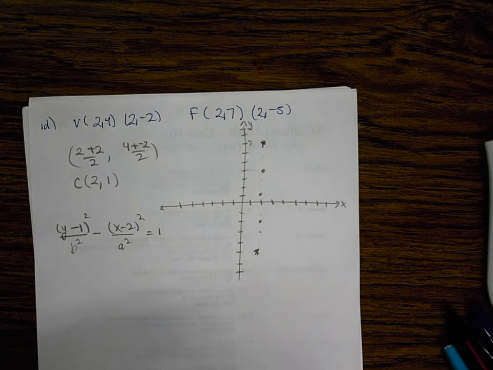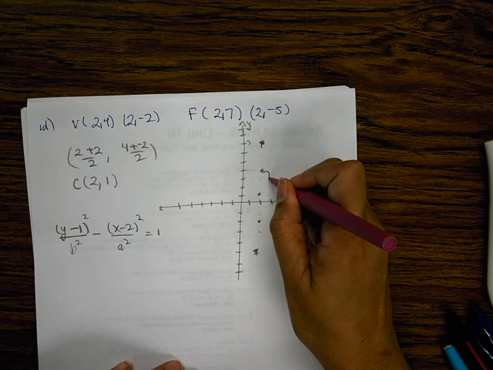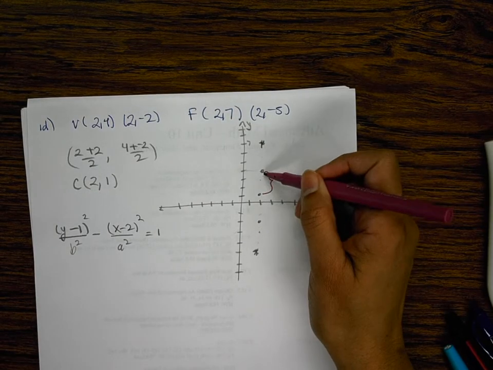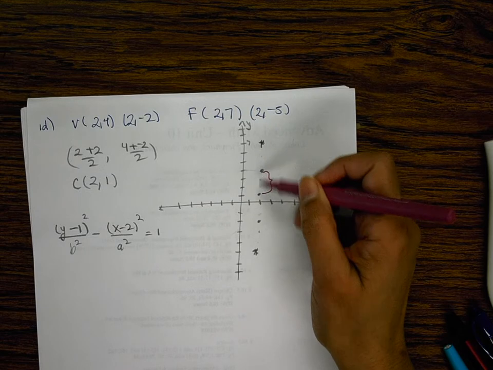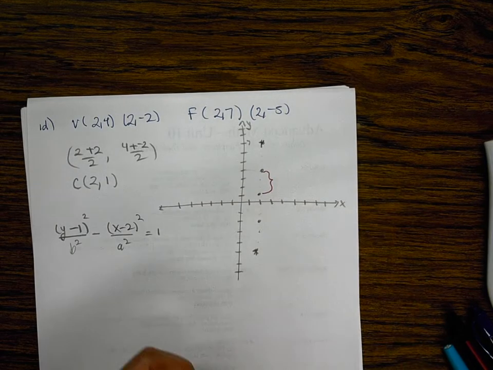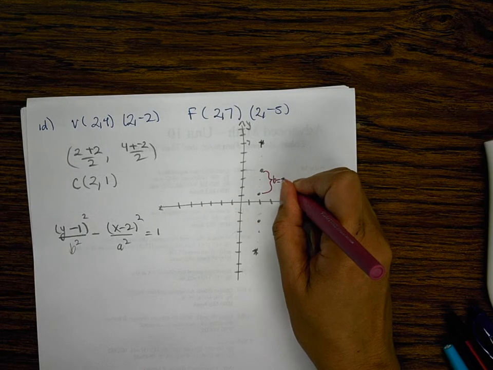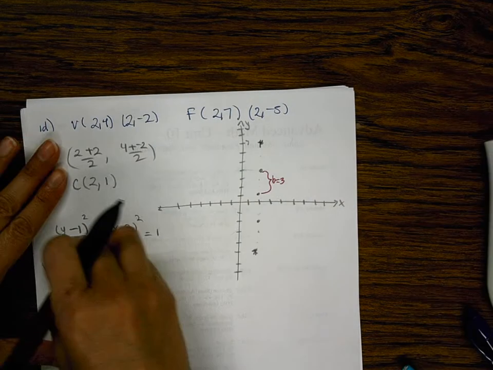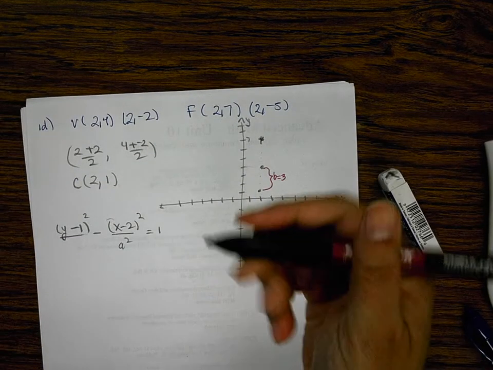I know from the center to my endpoint is either a or b, and that's my center to one of my vertices, and it doesn't matter which one. Since it's up and down, that's the y value, so that's b. B is 3. B squared is 9, so I am going to put 9 underneath the y. And I know it goes there because it's going up and down.